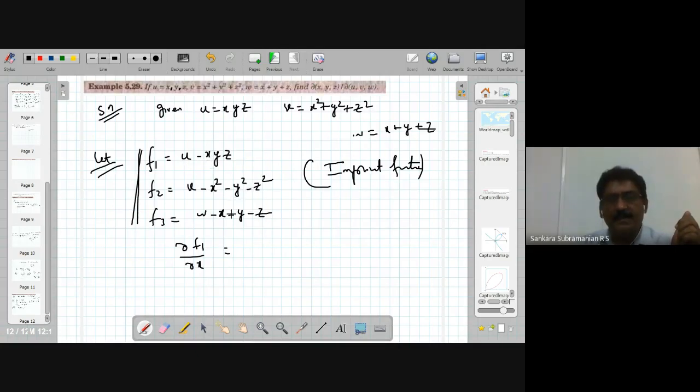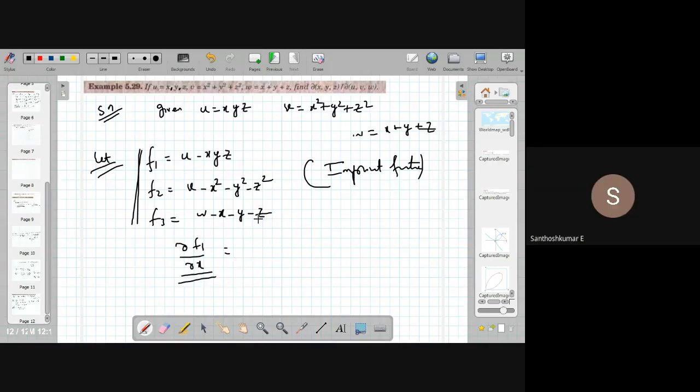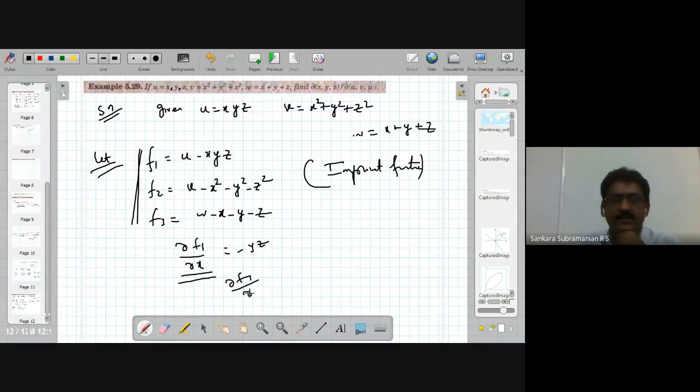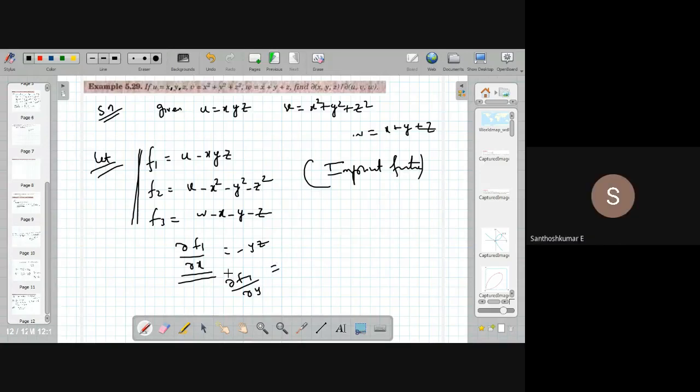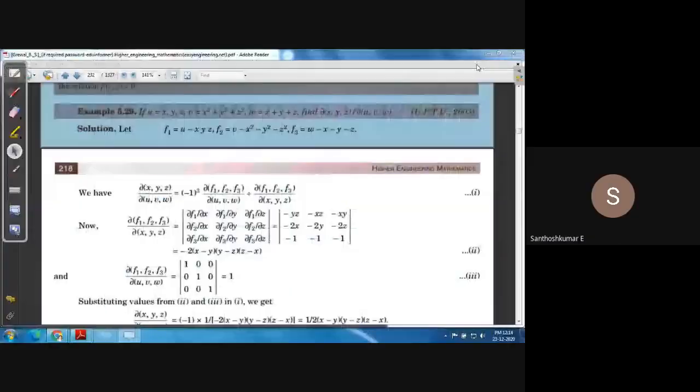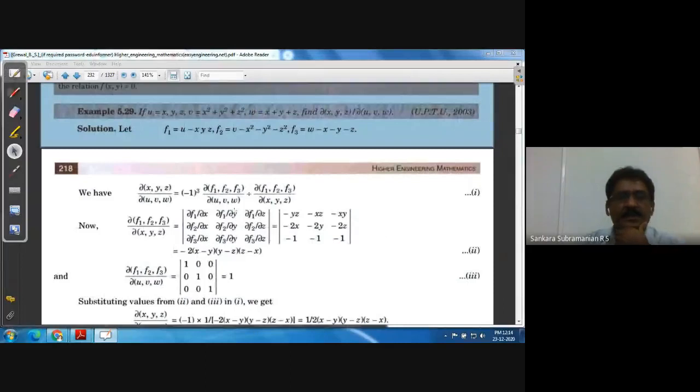What is the answer? Sir, minus yz. Dou f1 by dou y we have to find: minus xz. Okay, I think the time is up. You will get a minus sign; note that. You have minus 1 the whole cube there.